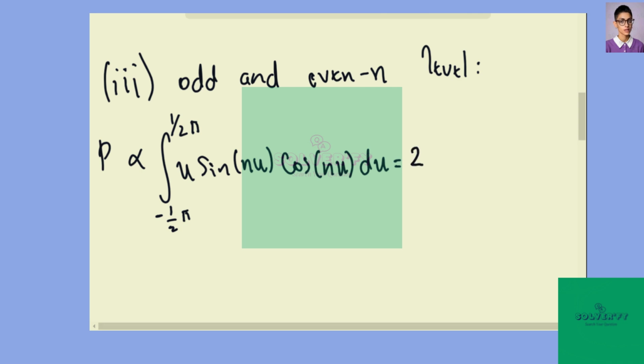So this is equal to 2 times the integral from 0 to 1 divided by 2 times pi of u sine of n times u cosine of m times u integrated over u.